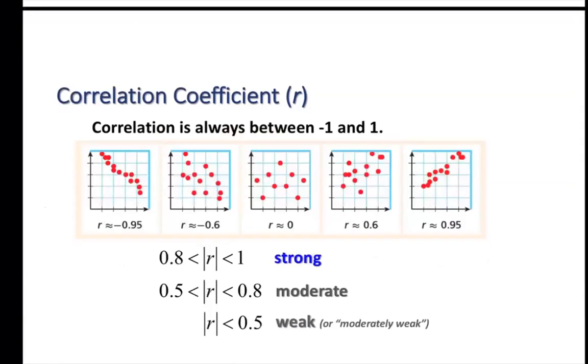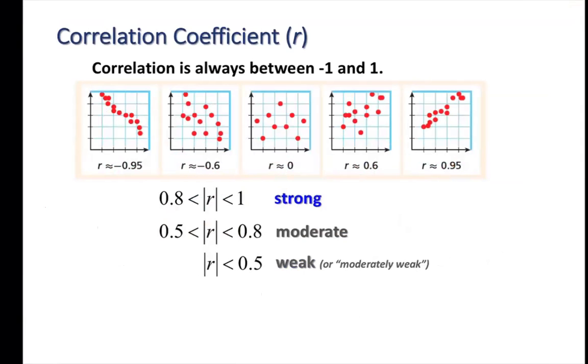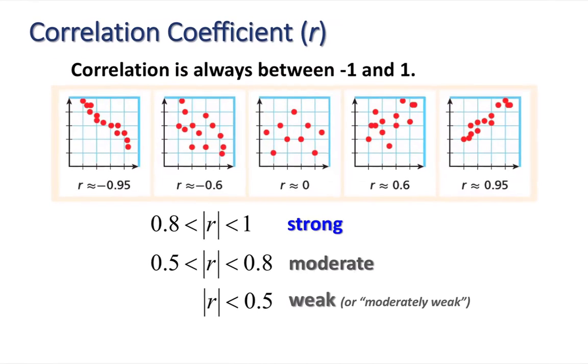Here is the scale and some examples of what those values look like. In the middle is 0. I can't tell if those red dots are going up or down as I get bigger on the X. They're kind of hodgepodge, all over the place, so there's no relationship, no correlation.